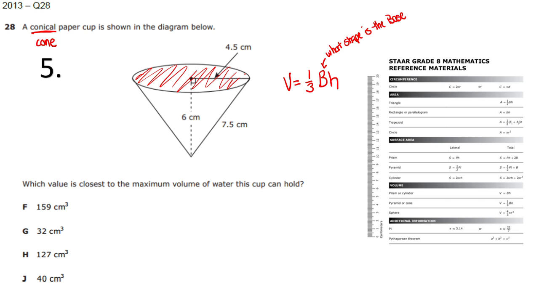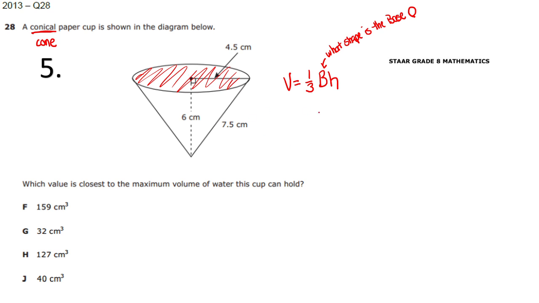So our base is the top, which is a circle. So again, circle, we have to remember area is pi r squared. So our equation is volume is 1/3, in parentheses, pi r squared. Instead of the B, we write pi r squared. And then we have to figure out the height.